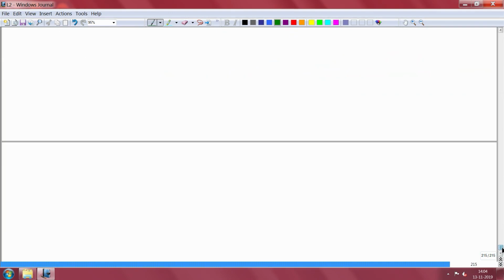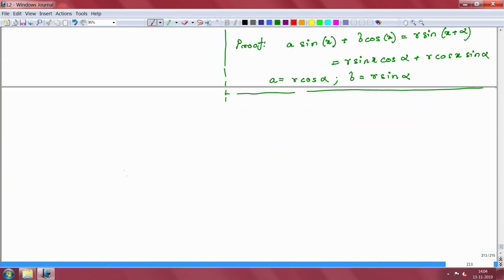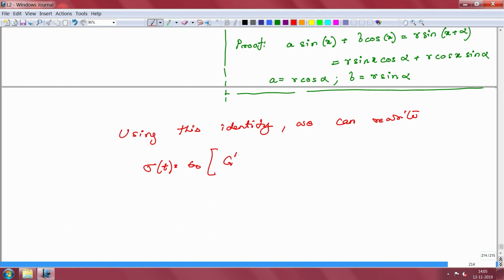So, using this trigonometric identity, we can rewrite sigma t, which now becomes epsilon naught multiplied by the square root of g dash omega comma t square plus g double dash omega comma t square, into sine of omega t plus some phase shift, which is now a function of omega. Actually, it can be a function of omega comma t.